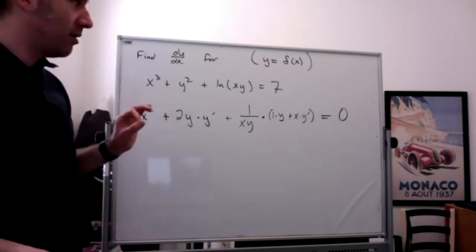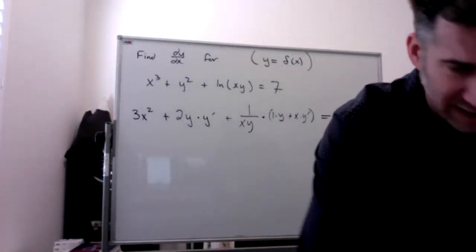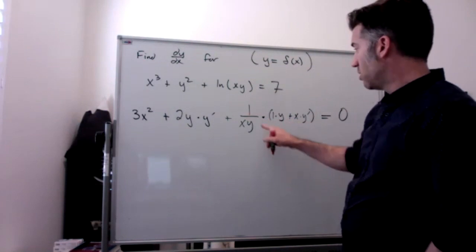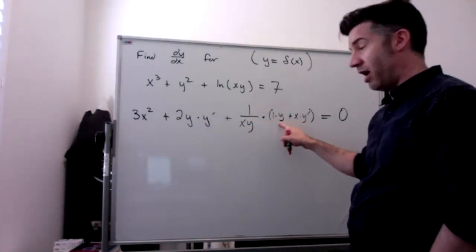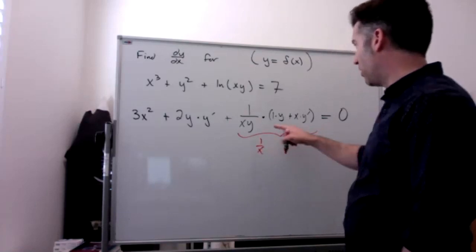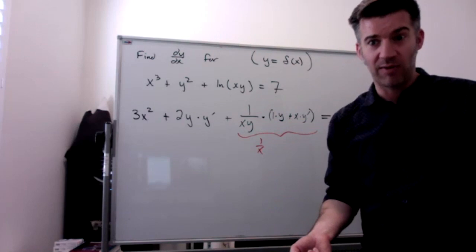So I'm going to show you something that I should have done differently, which is fine. If you distribute this, 1 over xy times y is going to be 1 over x. And 1 over xy times xy, the x's will cancel and you get y prime over y.